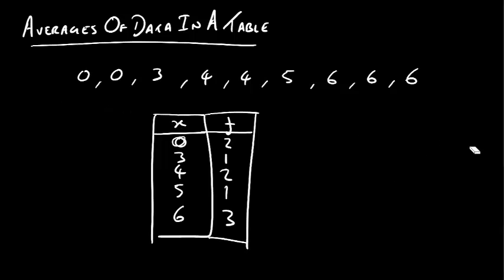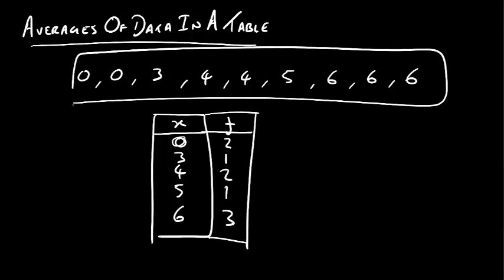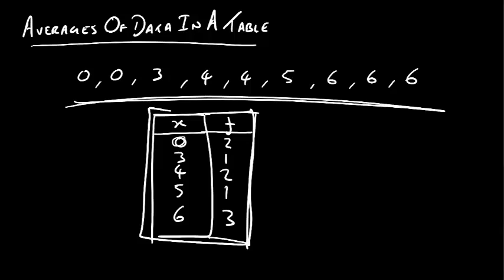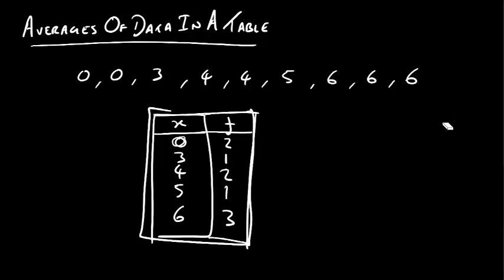If it was written out in a list, that would be nice and easy because I just add all these numbers together. But here, written in this table format, I need to first do something to unpack the data, but I'm not going to unpack it entirely. I'm trying to represent the data as something closer to this list format, but I don't want to completely unpack the data into the list format. I want to keep it still in a table format.